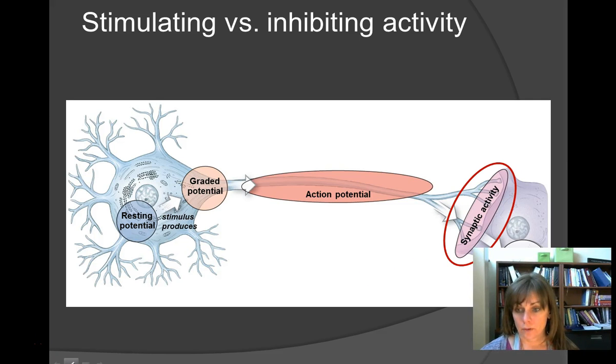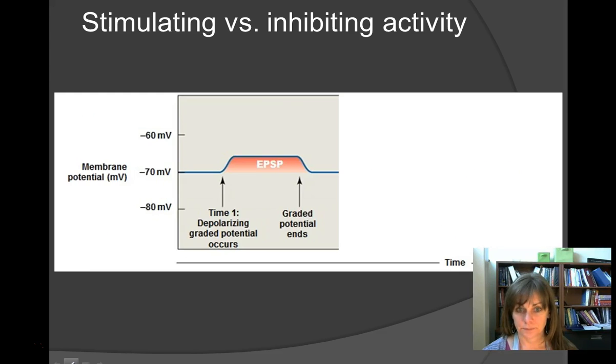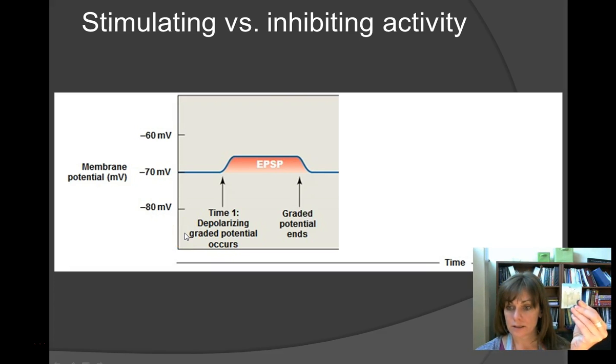Okay, so let's talk about each of those types of signals one by one. So first, we've seen this before. Here we're talking about our friend, the chemical gated sodium channel. We start at resting.